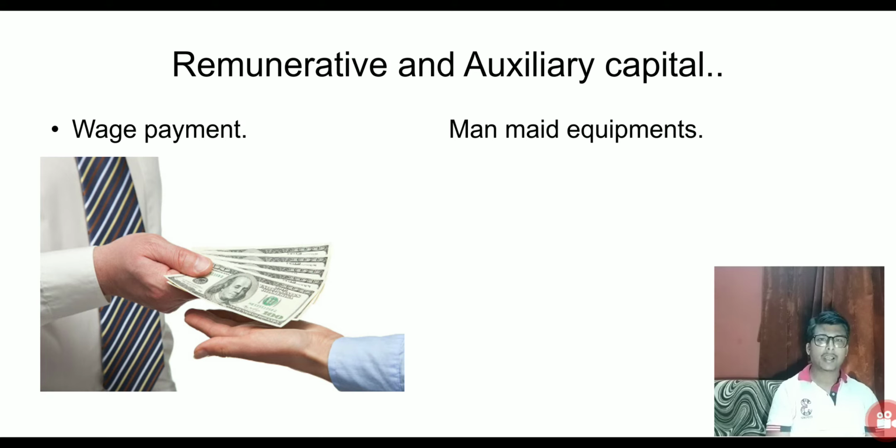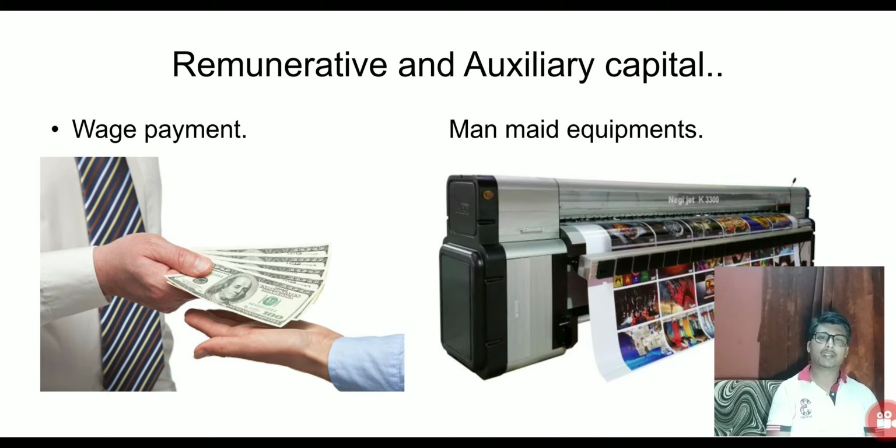On the other hand, man-made equipment such as machinery, like the printing machinery, is called the auxiliary capital, which is used in the production process, with the help of which the workers are able to produce more goods and services. Those are the inputs which are used in production, and they remain there for a long period of time.